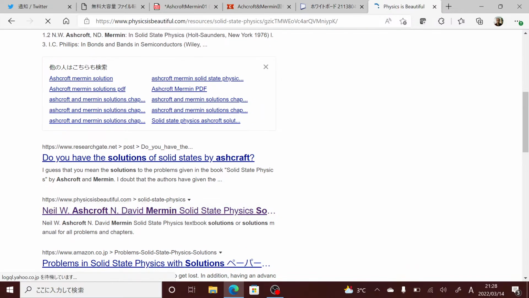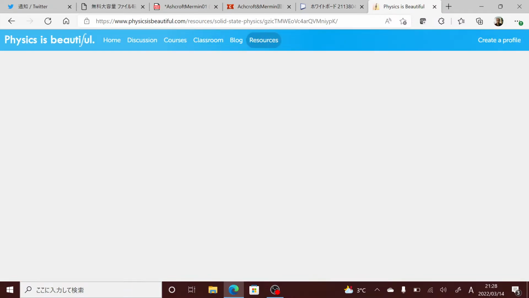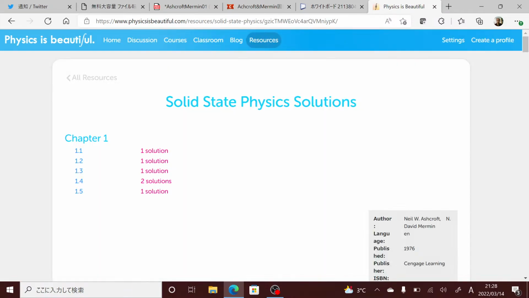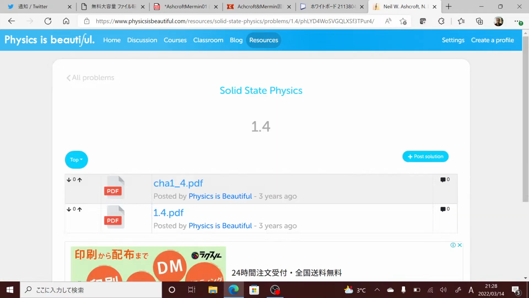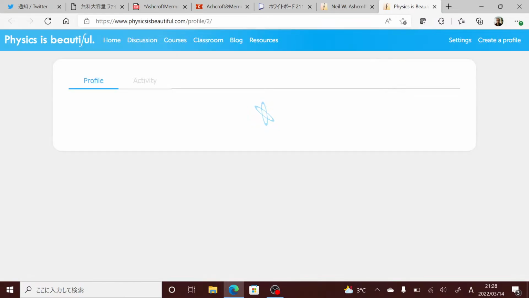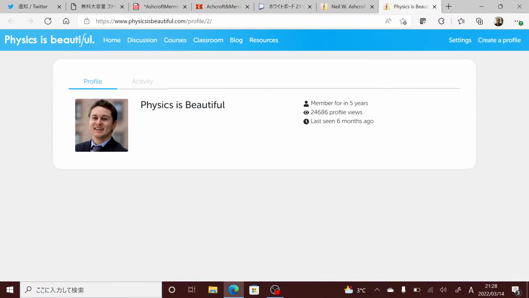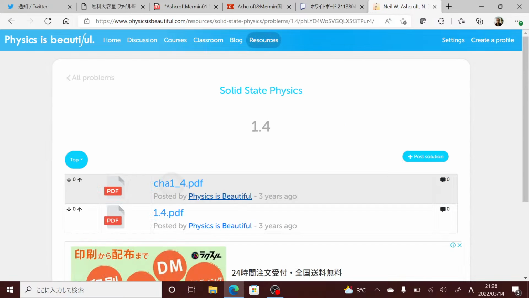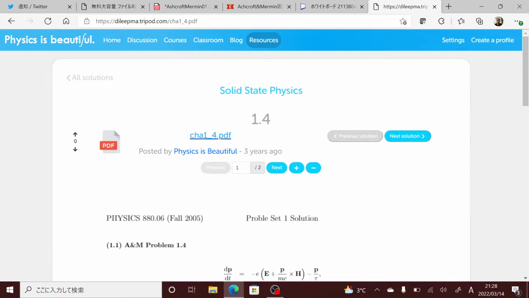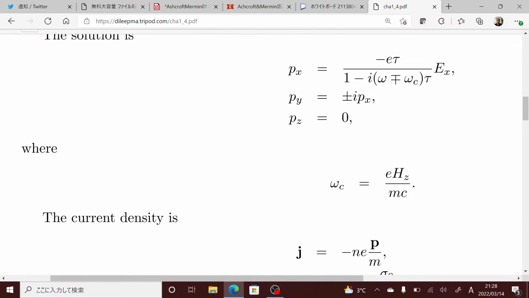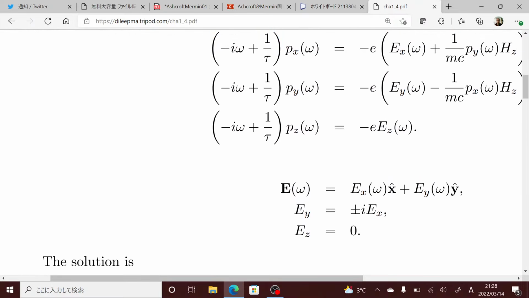I think this one. So number 4, two solutions. Let's see the first one. This seems the same.